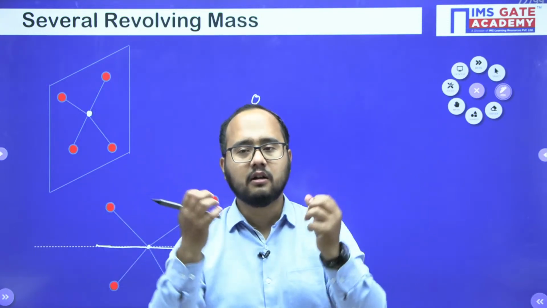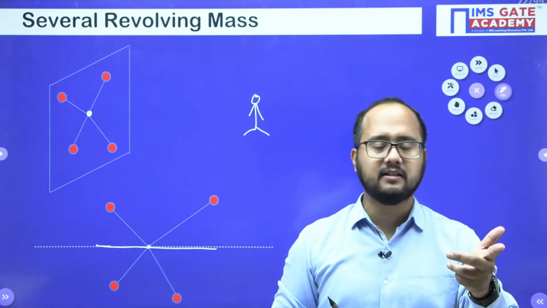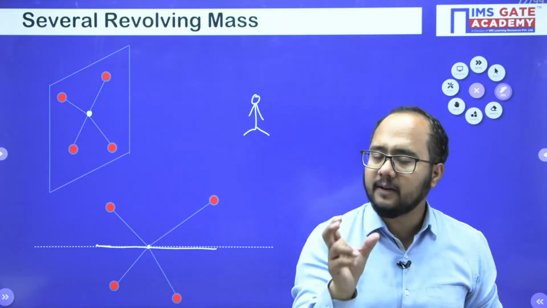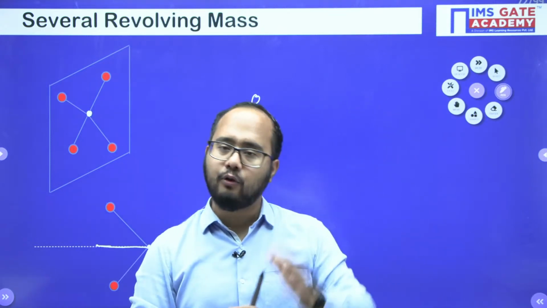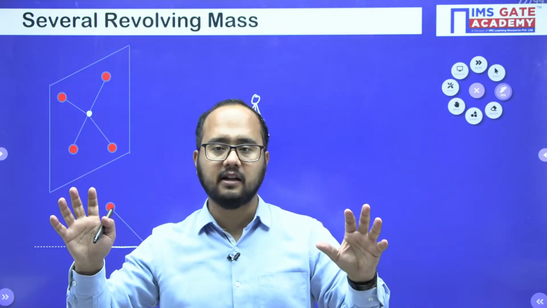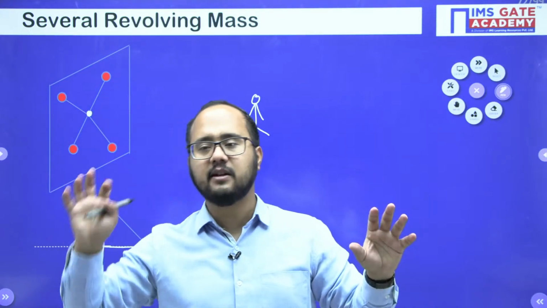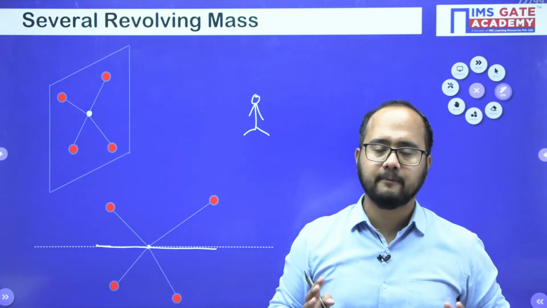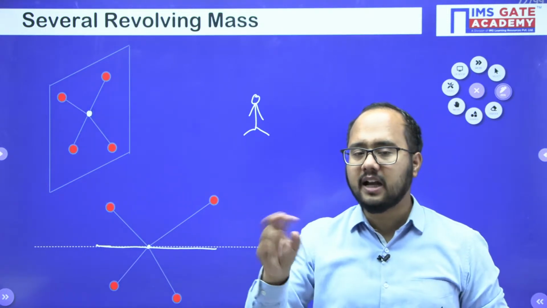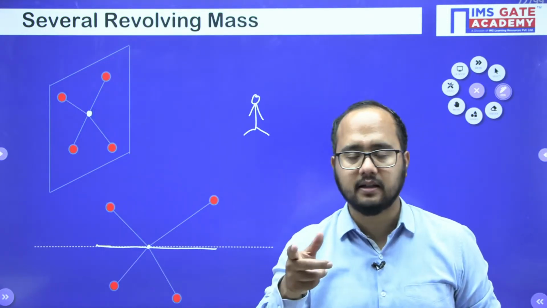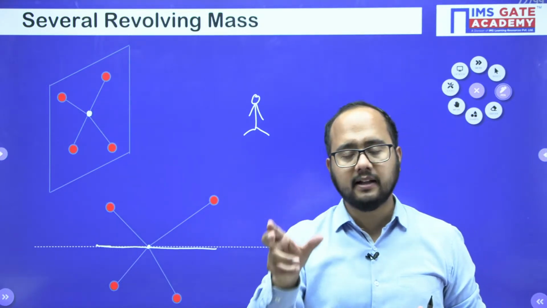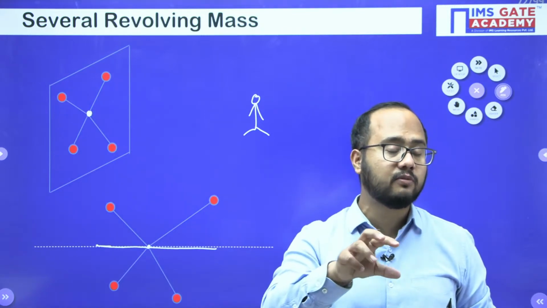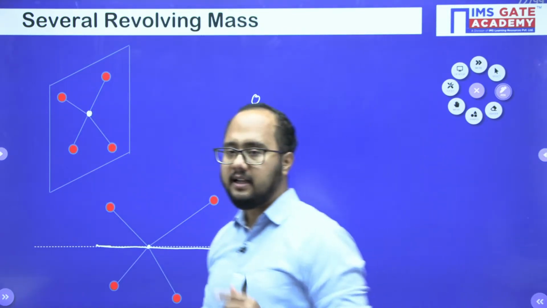You cannot call your system completely balanced if only the force balance is there. For complete balancing, you need to ensure that force balance is there and moment balance is there, because force and moment both can create the disturbance. So we have to make sure both the moment and the force are balanced, right? I hope this is clear.